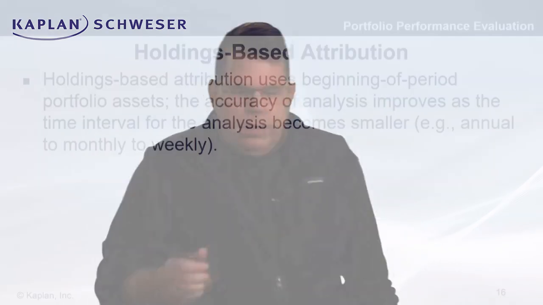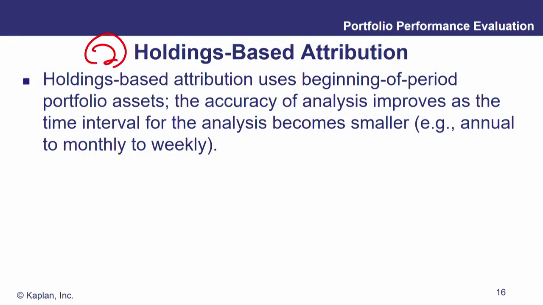Now, what's the second model? It's the holdings-based attribution. Now we are going to look at what you own. The only thing is we're going to use the beginning of the period portfolio assets. And the more we do this, the more the accuracy is going to improve.